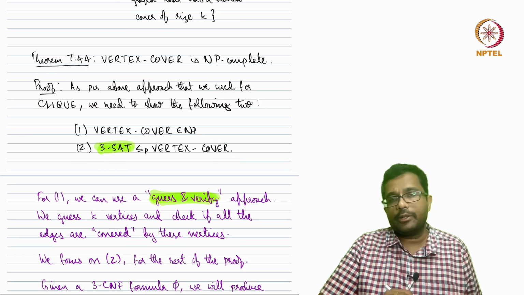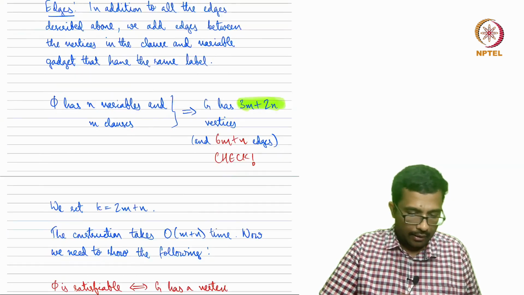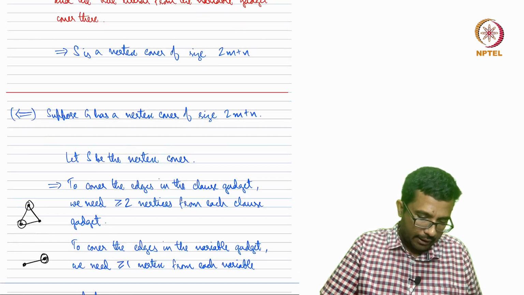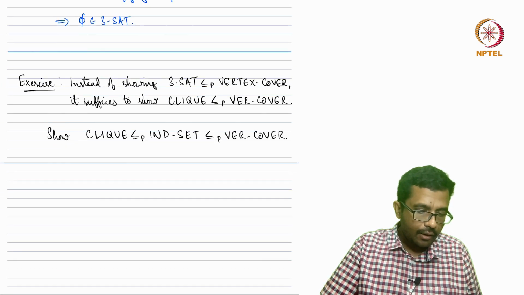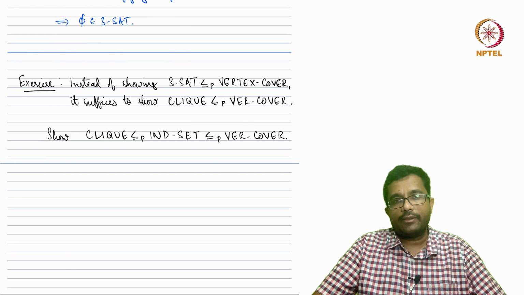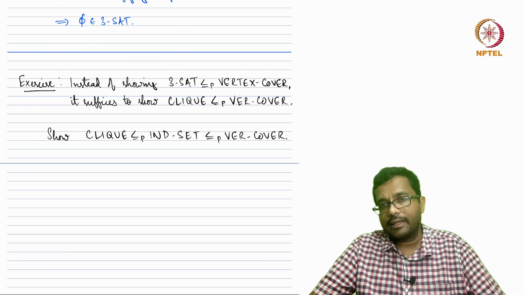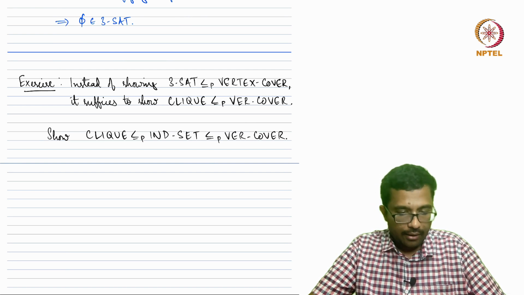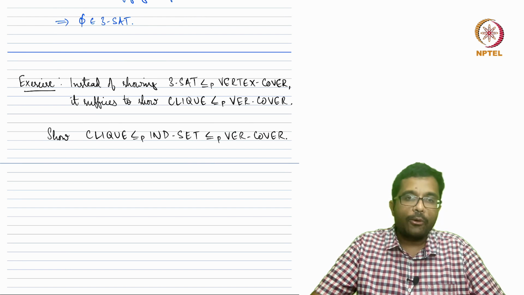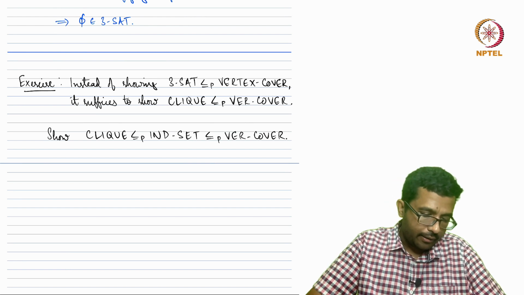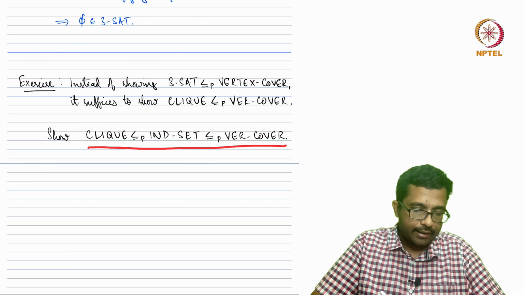That is the final remark that I want to make. Instead of showing 3-SAT reduces to vertex cover, it's also enough to show that CLIQUE reduces to vertex cover. So just think about how we can reduce CLIQUE to vertex cover.